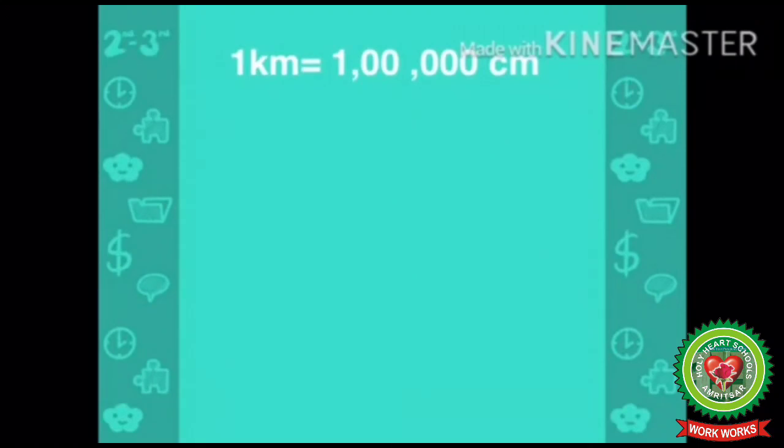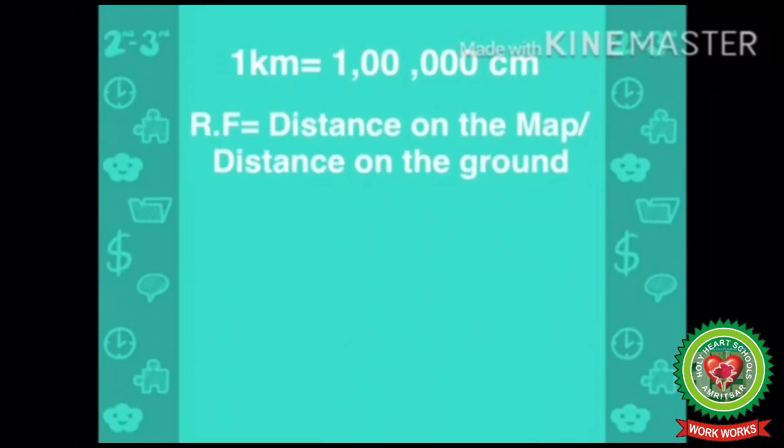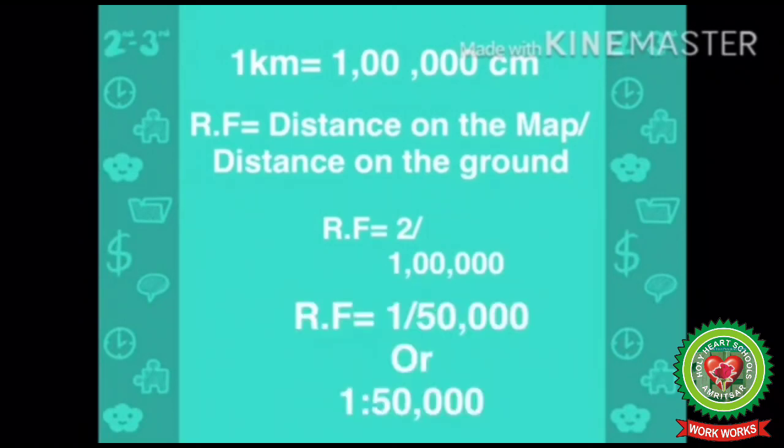RF is equal to the distance on the map to the distance on the ground. By putting the values of distance on the map and distance on the ground, we got RF is equal to 2 upon 1 lakh, which means RF is equal to 1 upon 50,000 or 1 ratio 50,000.